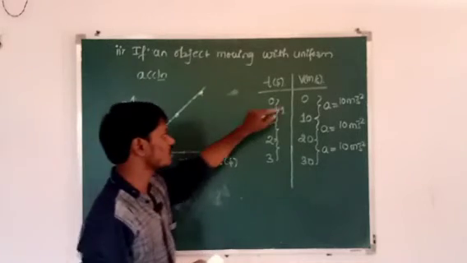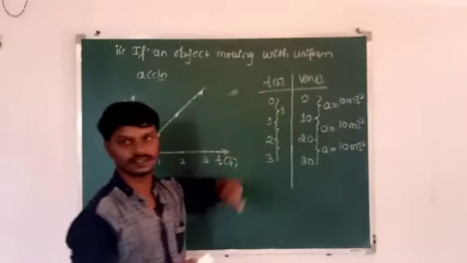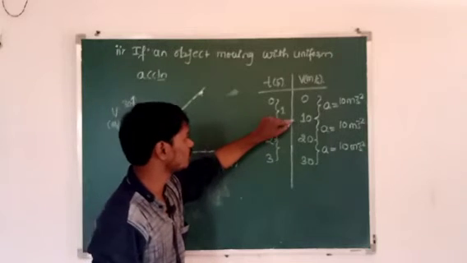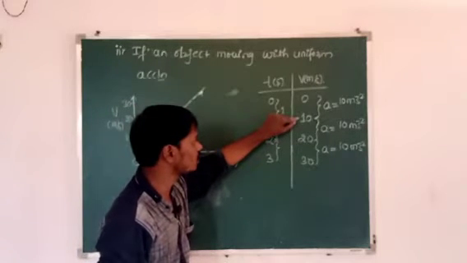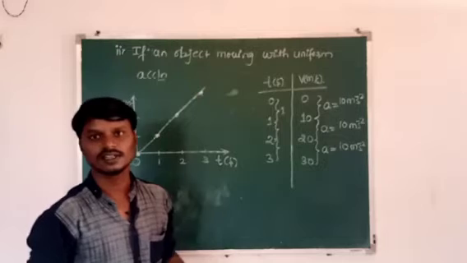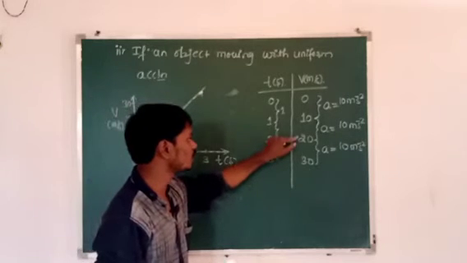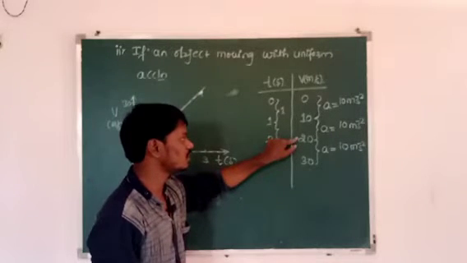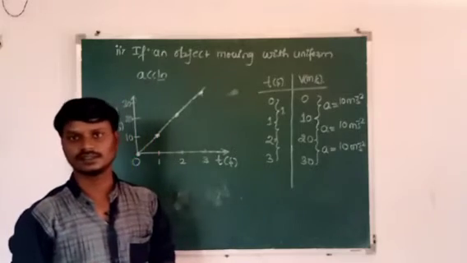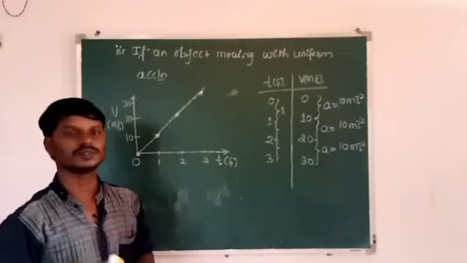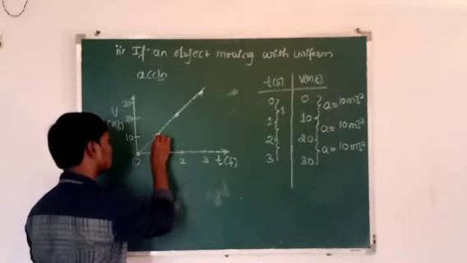What is the acceleration when the velocity changes from 0 to 10, from 10 to 20, and from 20 to 30? By using the slope, let us consider C here.